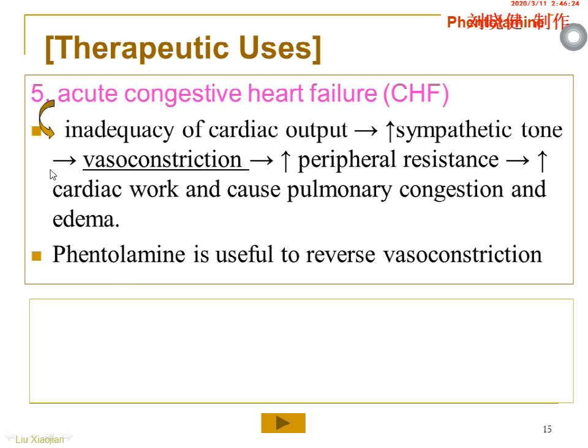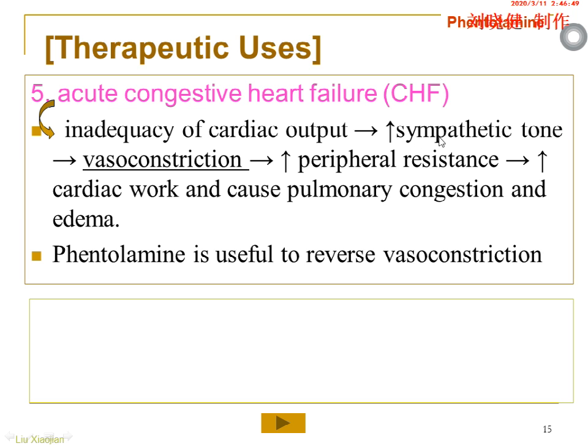It is also used to treat acute congestive heart failure. Because patients with congestive heart failure usually have inadequate cardiac output. Because of decreased cardiac output, this will induce a body response, increased sympathetic tone.